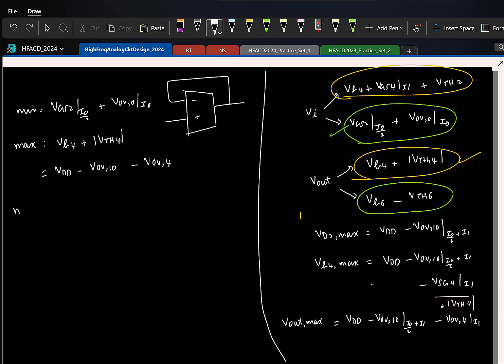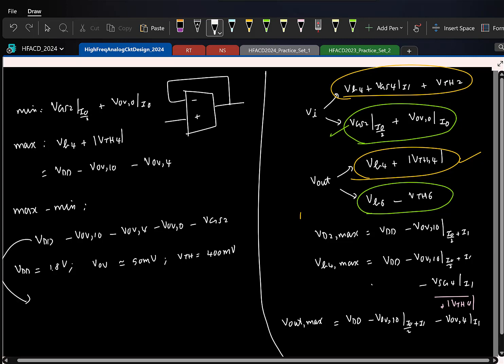Okay, so now what is the max minus minimum? I have VDD minus, let us say, overdrive of M10 minus overdrive of M4 minus overdrive of M0 minus VGS2. Again, if I take the same numbers as before, let us say you have a supply of 1.8 volts with overdrive minimized to 50 millivolts and threshold of around 400 millivolts.